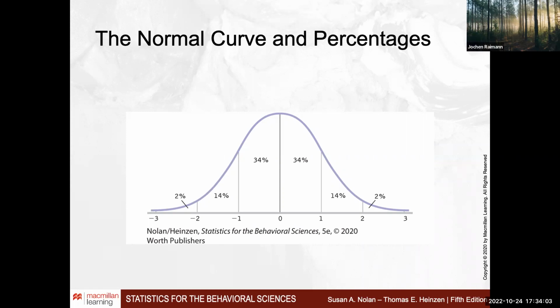From -2 to +2, you're capturing 68 plus 28, close to 96. It's actually 95.7. If you go from -3 to +3 standard deviations, you capture 99% of your population. And this is how you have to look at standard deviations.